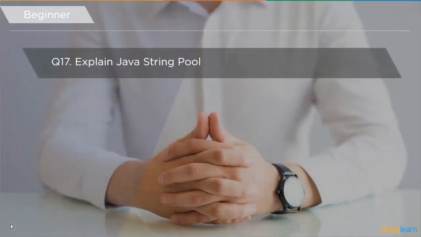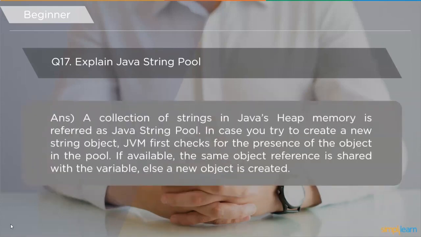Explain Java string pool. So the answer for this question is, a collection of strings in Java's heap memory is referred to as Java's string pool. So for example, you wanted to create a new string, consider your name. So your name might be some XYZ. So if you wanted to create the XYZ string, then you provide that particular code to your JVM.